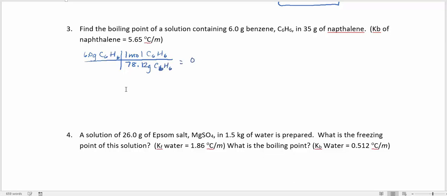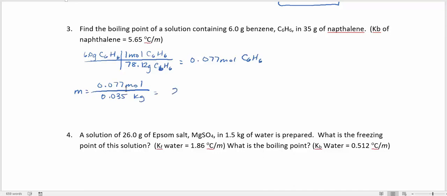And then finding the moles, 0.077 moles of benzene. We need to then find the molality. The molality is the moles, 0.077, divided by the mass of the solvent, 35 grams, so 0.035 kilograms.